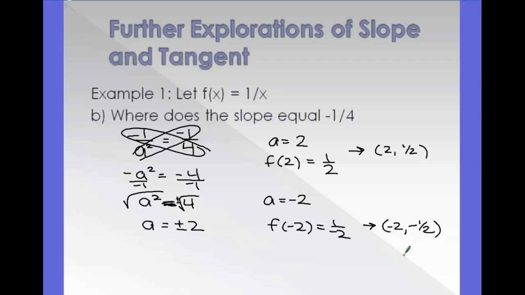So the slope of the tangent will be negative 1/4 at both (2, 1/2) and (negative 2, negative 1/2). So the slope of the tangent will be negative 1/4 at 2 and negative 2.